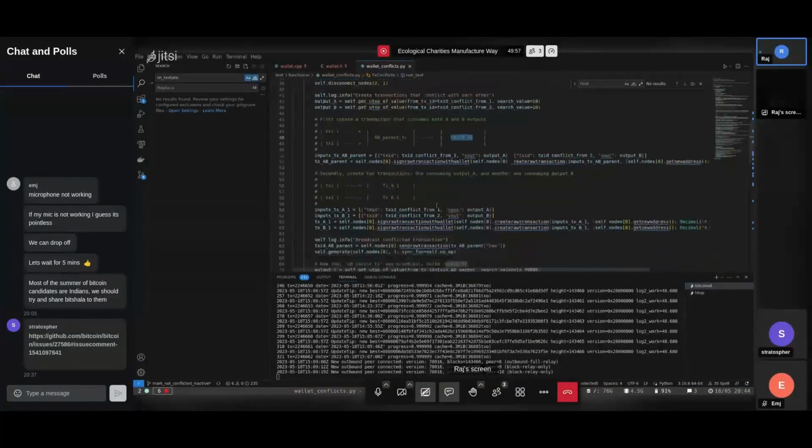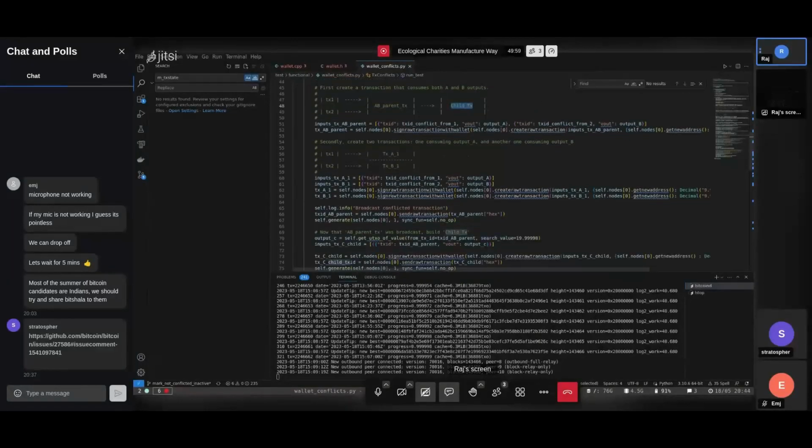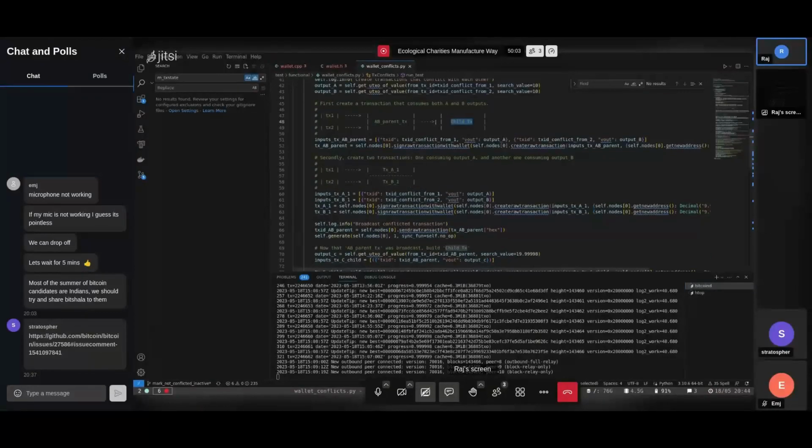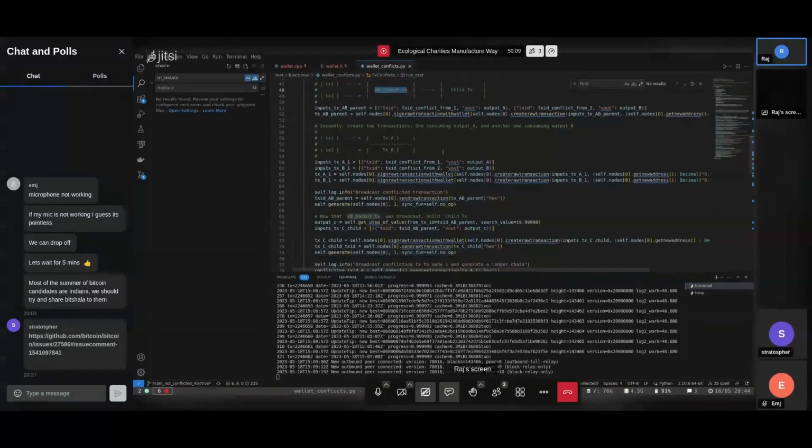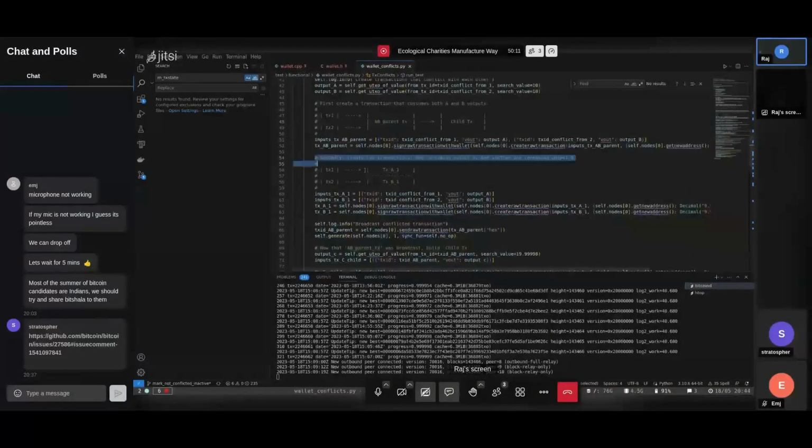Then it creates a child transaction that is spending from that AB parent transaction, and then it's creating the conflict. So AB spends from transaction 1 and transaction 2. Now it's creating two other transactions: transaction A1 spends from transaction 1, and transaction B1 spends from transaction 2.